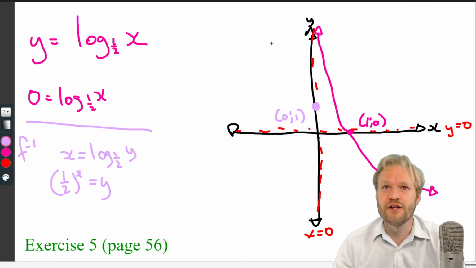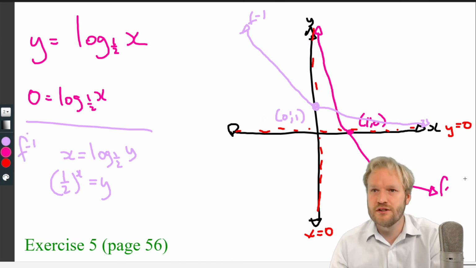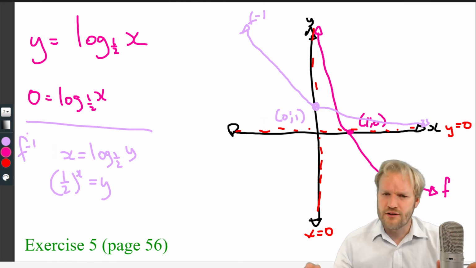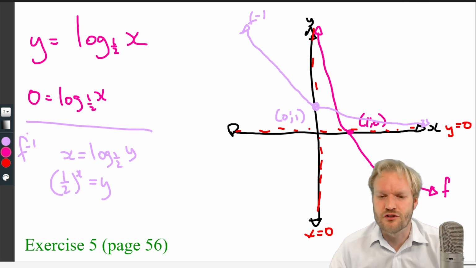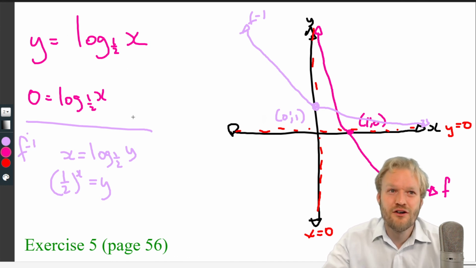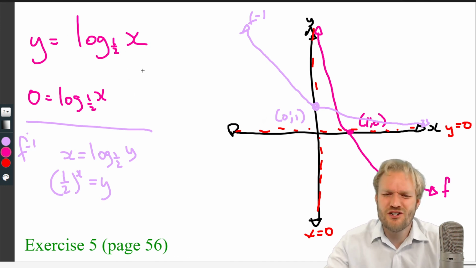We know then that this is decreasing, so it must go through here. And let's label that f to the minus 1. This one here was f. Okay, so there are two functions. Again, we actually drew these two functions before because we already had a half to the x at some stage. We just didn't know that log was the inverse at that stage.